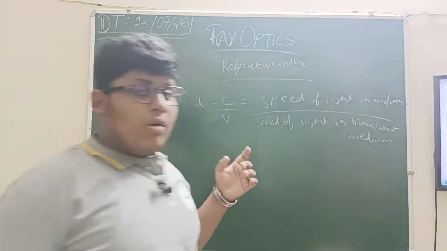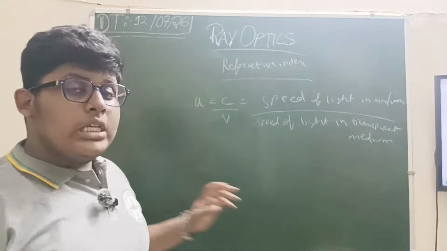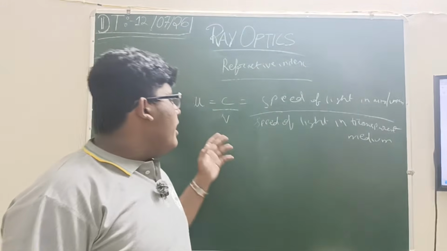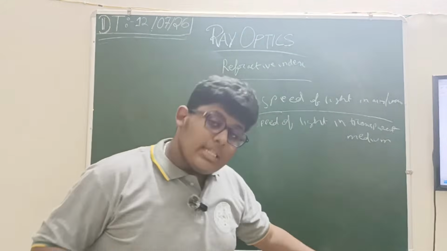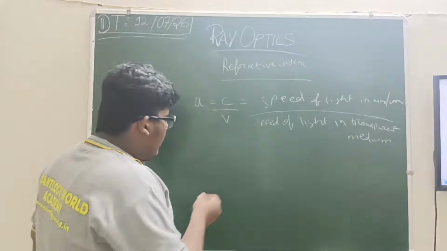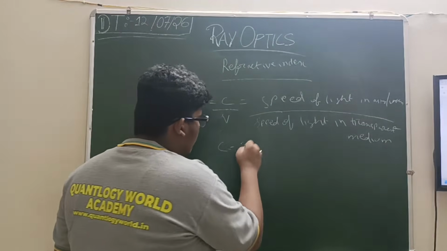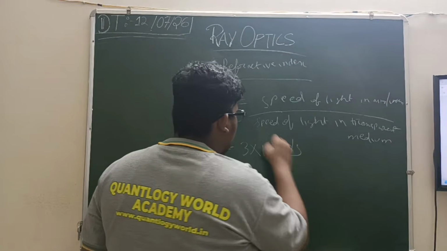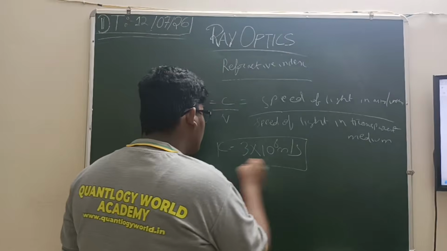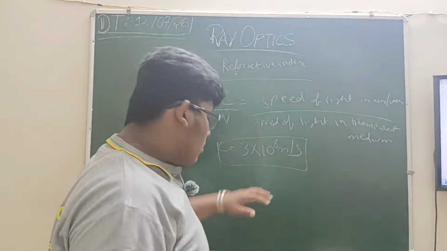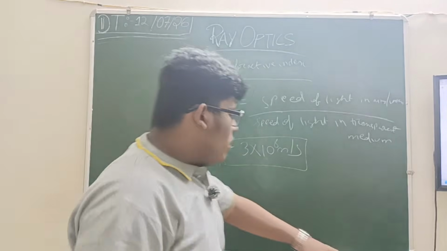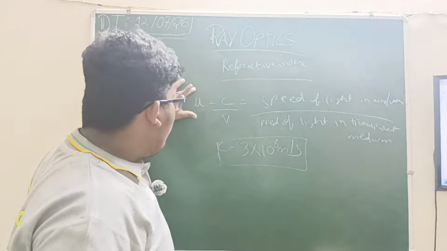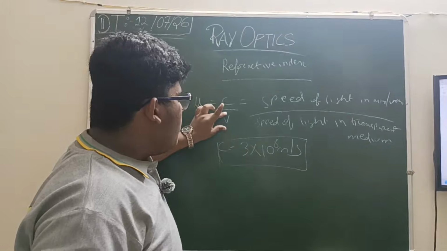So this is the general formula of refraction, that is mu equal to C by V. C is the speed of light in air or vacuum and V is the speed of light in any transparent medium. And the value of C is 3 into 10 to the power 8 meter per second, which you all have to remember, because when numericals come, they will ask the value of mu or the value of V.